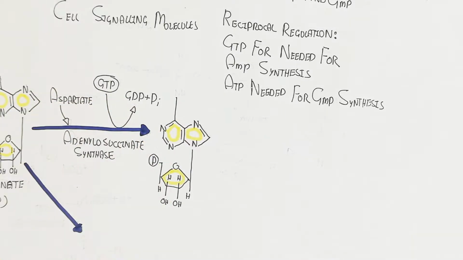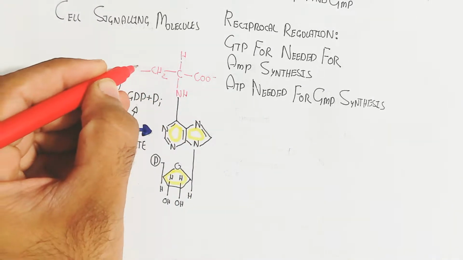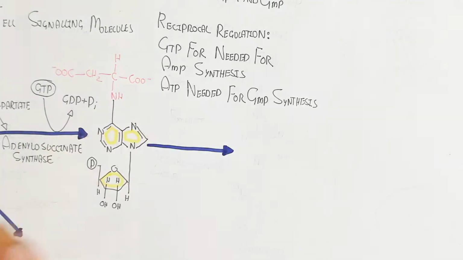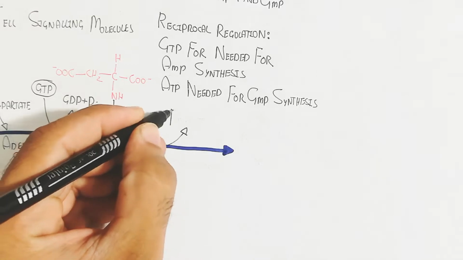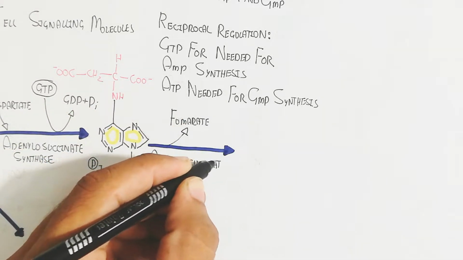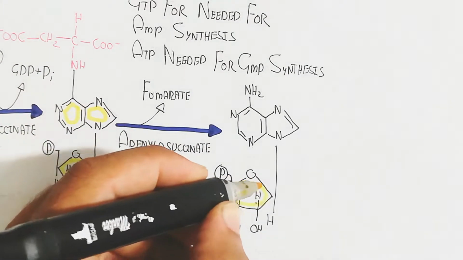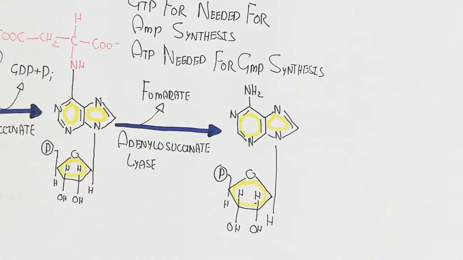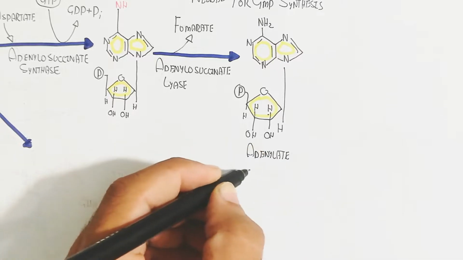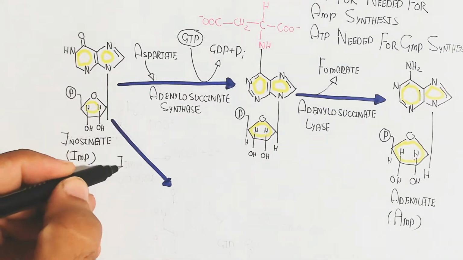The oxygen side binds with the aspartate. Then fumarate is released in the presence of the enzyme adenylosuccinate lyase, and in this way adenylate, AMP, is formed.